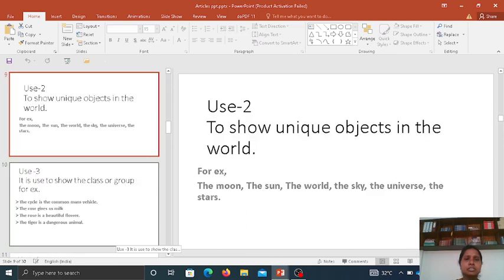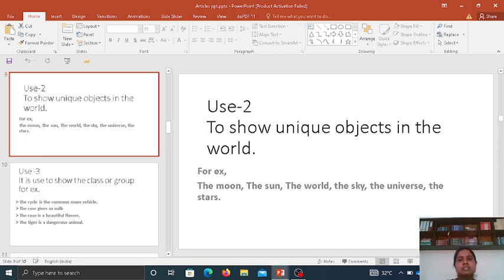What is the second use? The second use of "the" is that it shows objects in the world that are singular or unique, that cannot be changed. At that time you have to use "the". I have given some examples here. The moon is a unique thing.